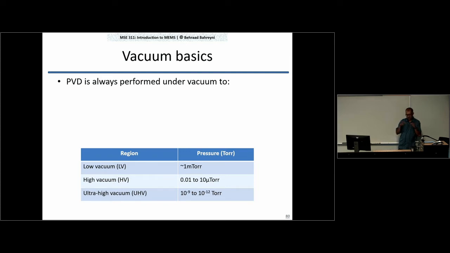Just think about it for a second, and then continue the lecture video. Well, it enables the vaporization of most materials. A lot of the materials that you have, a lot of solids basically, have very low vapor pressures. It's easier to vaporize them under vacuum.